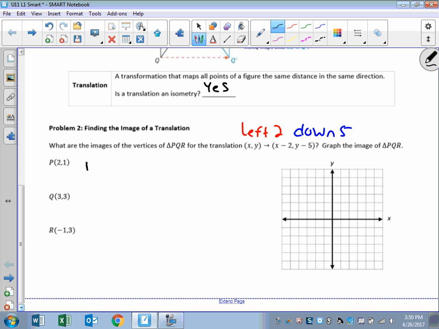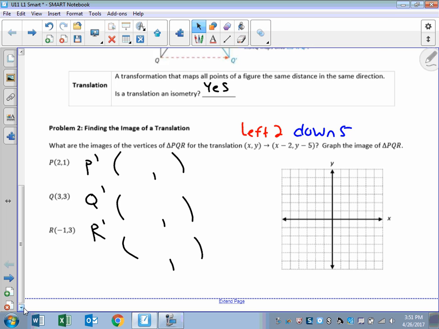Okay, so when we're going to plot the images, the new shapes, we'll give them the prime, because that's how you know it's the image and not the pre-image. For every x value, we're going to subtract 2. So 2 turns into 0, 3 turns into 1, negative 1 turns into negative 3.